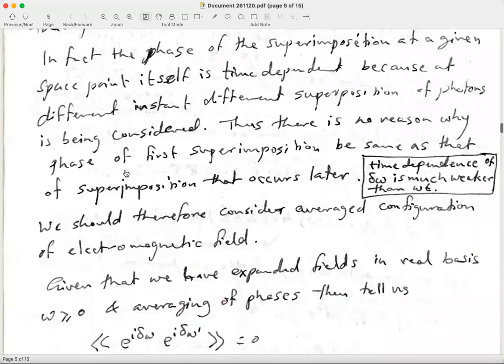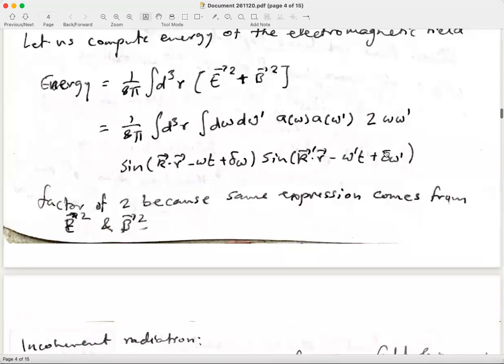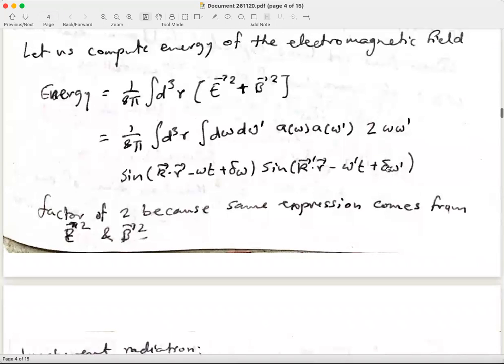As a result, you cannot expect the phases of the photons arriving at a particular spatial point to superimpose in a coherent fashion. Now, notice one thing: I'm talking about this delta omega piece, which is a random phase, and this random phase would be effectively time dependent.